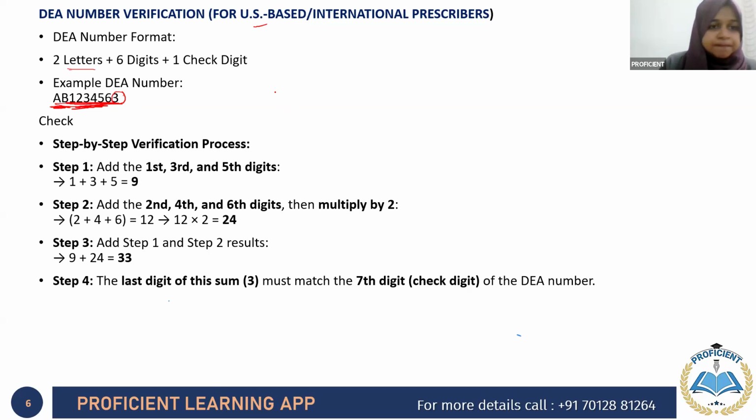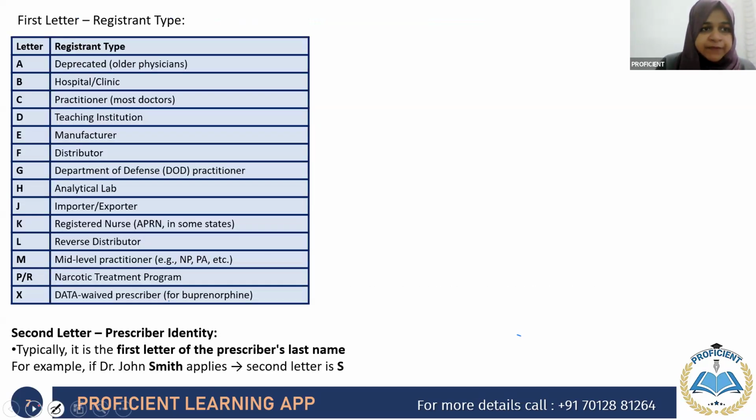What you have to do is see the first letter. The first letter can be any of A, B, C, D, E, and so on, depending on what type of registration the prescriber has. In most cases, the prescriber is a practitioner. Most doctors are practitioners, so they will have C as the first letter.